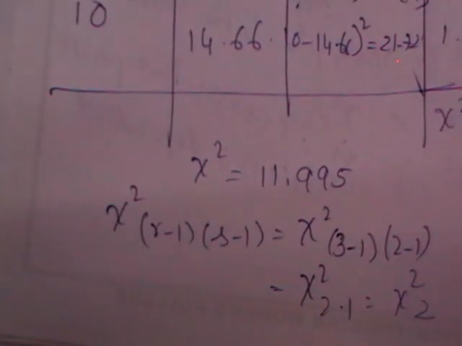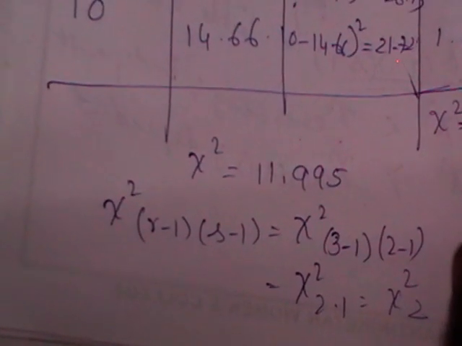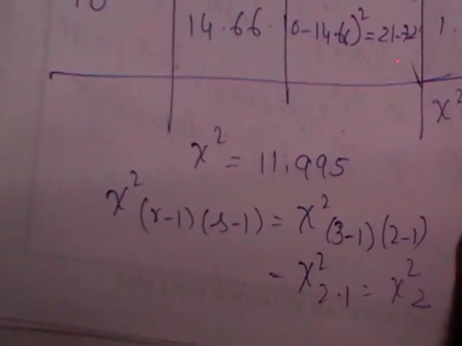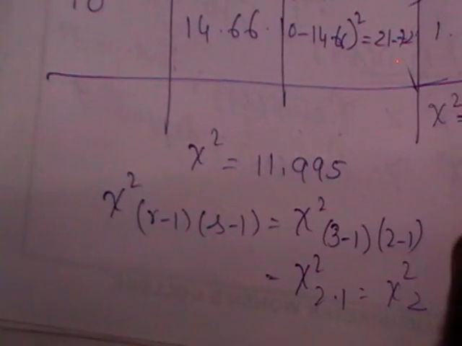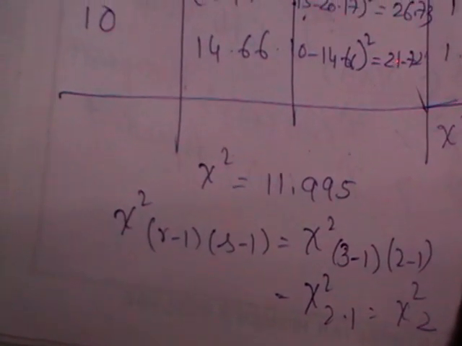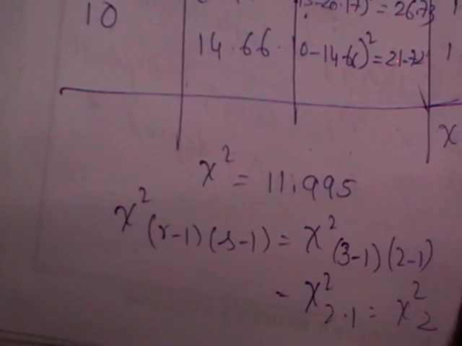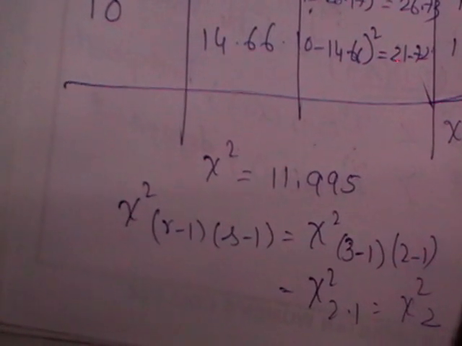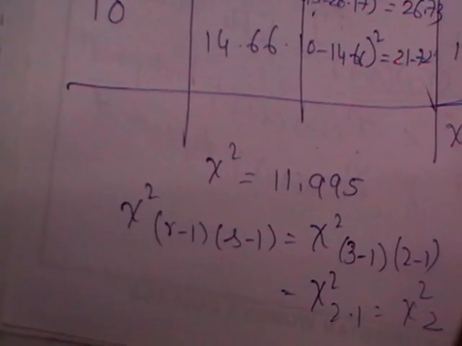This value will be given to you, and the chi-square 2 value is 9.21.